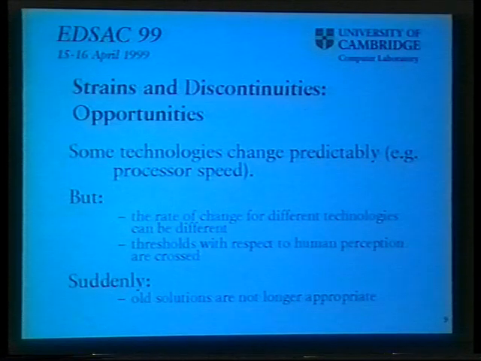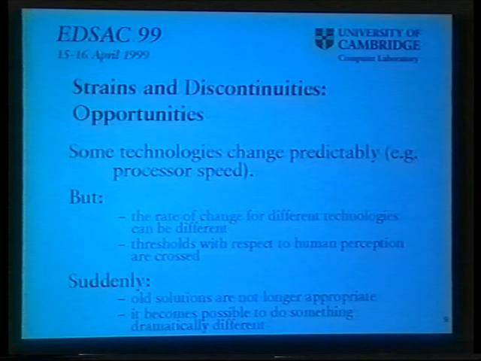And if you really want to carry this strain analogy too far, you can say there's a strain in that humans aren't evolving as fast as the power of computers is increasing. So old solutions are no longer appropriate, and it becomes possible to do something dramatically different. And I think the latter of these is actually what John Taylor would refer to as a discontinuity.